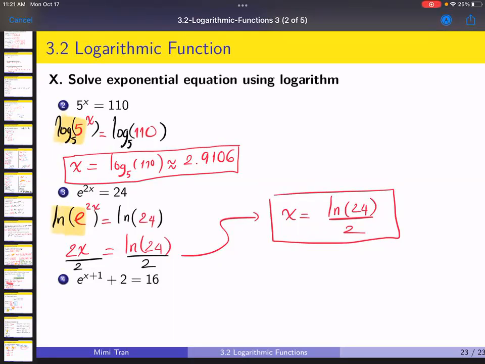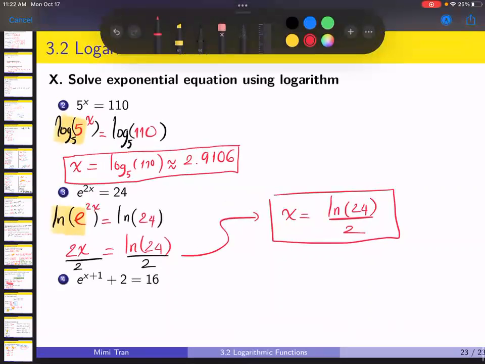Anyone else? You had it right before, but you did something. Leave it alone. Remember what I said. What's inside the ln belongs to ln. They don't share or add anything. That's why I say don't divide it by 2 on that one.